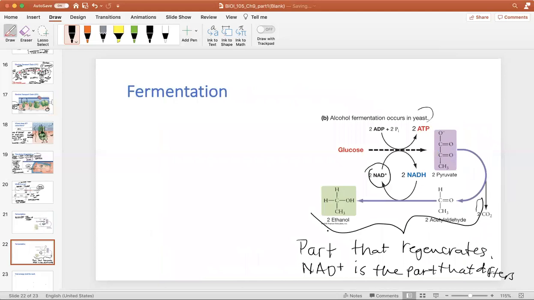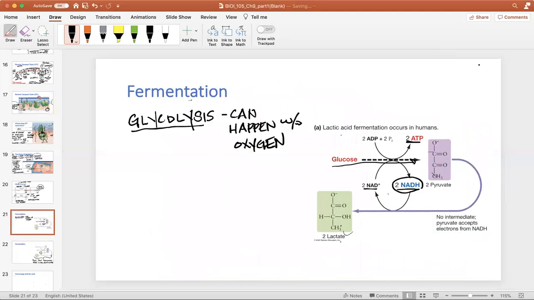But in this example here, oops, sorry, wrong slide. In this example here, we're running glycolysis. We're never getting to the electron transport chain because we don't have oxygen. So we're using up our NAD and we're taking it to NADH, and NADH is building up and building up and building up because it's not going to the electron transport chain.